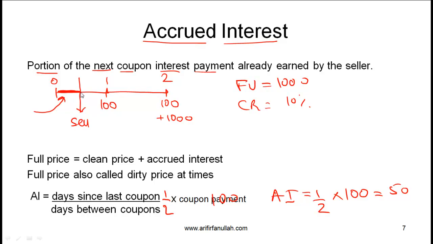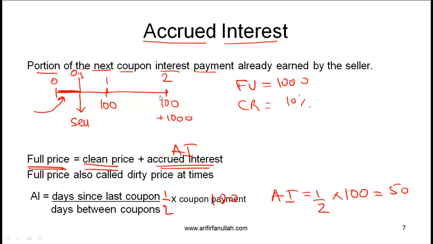And the point is, when the person you are selling to buys from you, he will typically pay you what's called a full price, and that is equal to the clean price plus the accrued interest. The clean price, at this 0.5 year mark, is the present value of the future cash flows.